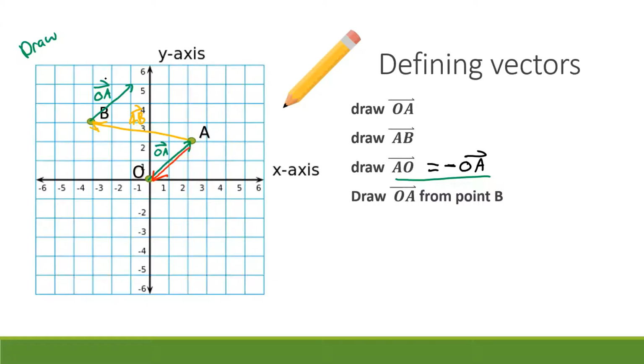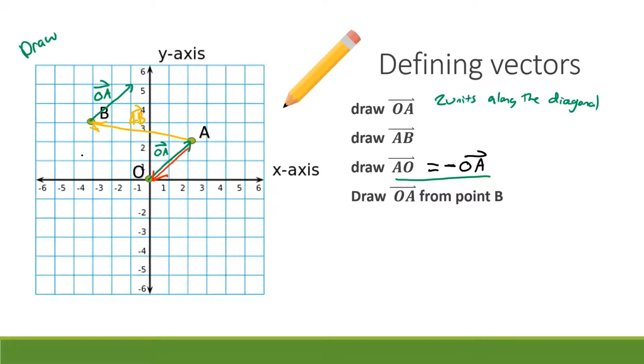This is where some students start to get a little bit confused. Like, how did you do that? Remember, a vector is a size and a direction. In this case, vector OA is 2 units along the diagonal.